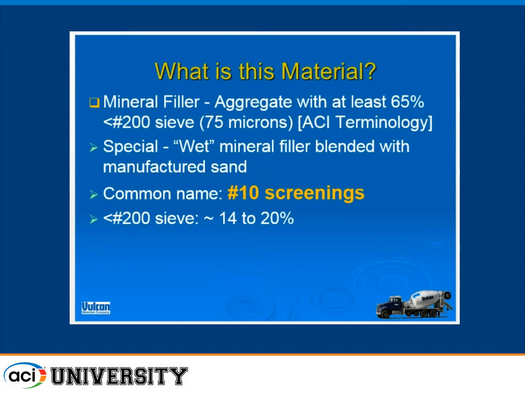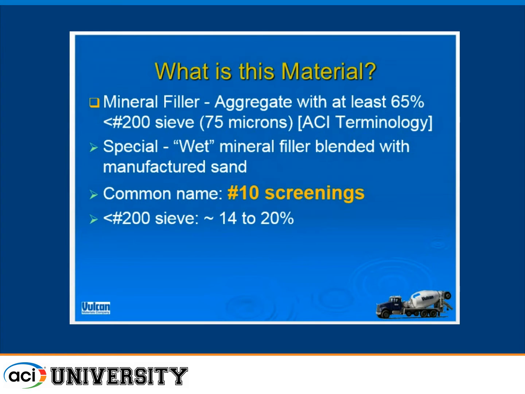So what is this material? As Eric had mentioned earlier in the document, it talks about this minus 200 material exceeding 65%. What I want to focus on is a special wet mineral filler blended with manufactured sand. In reality, it's really a manufactured sand that hasn't been washed, and there's a tremendous amount of minus 200.